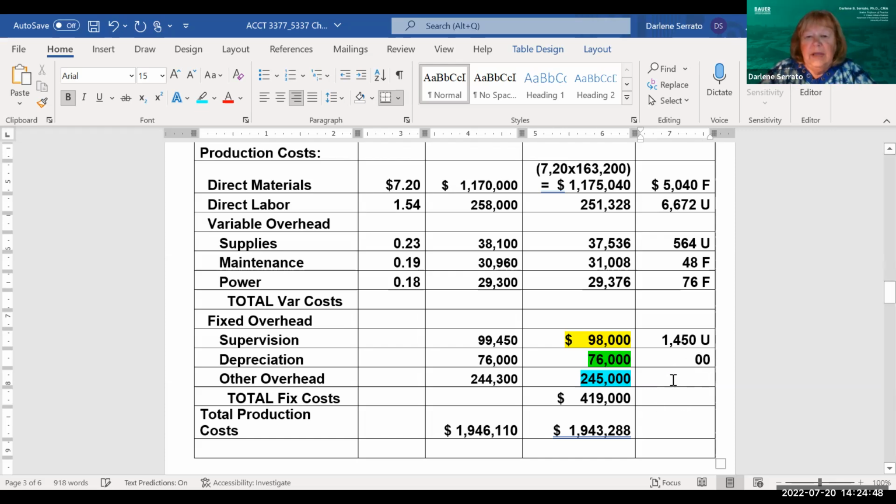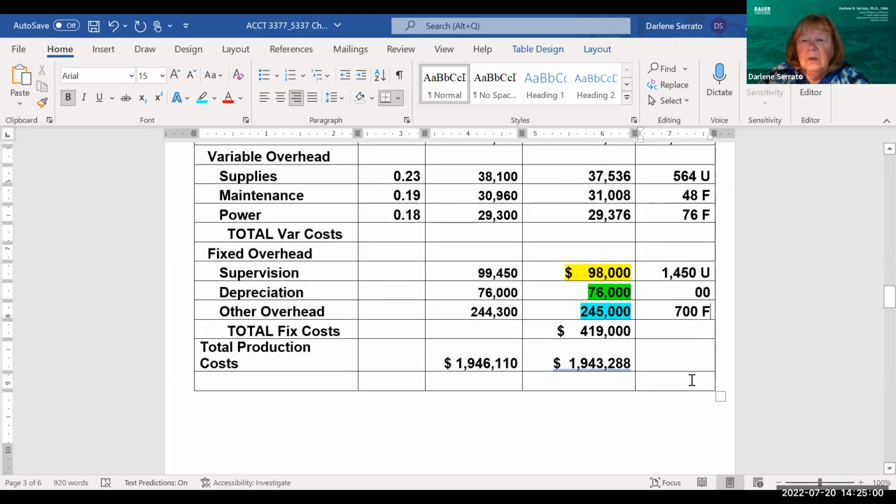Other overhead will be 700 favorable. So our total variance should be 2,822 unfavorable.